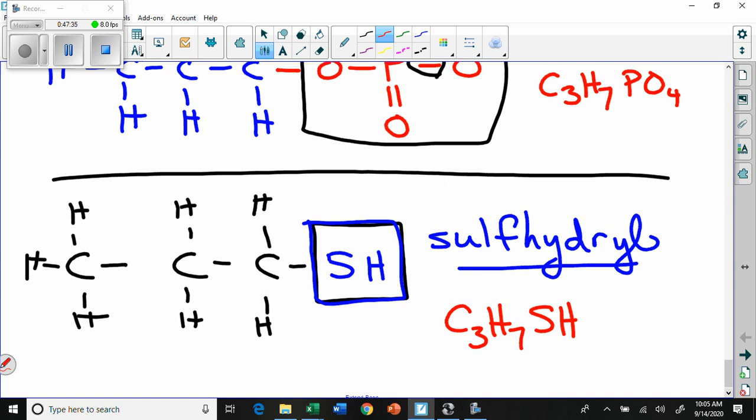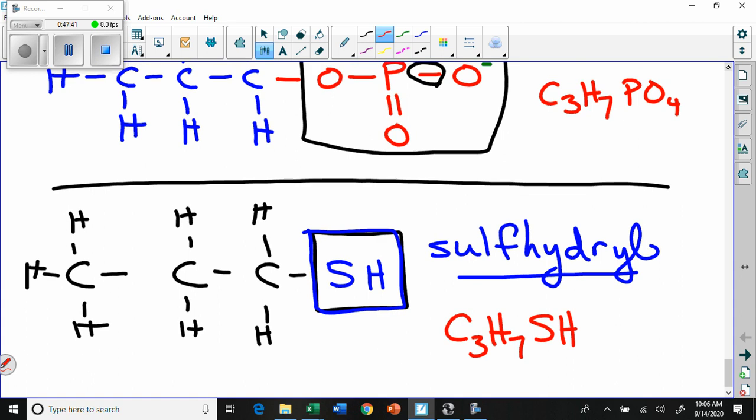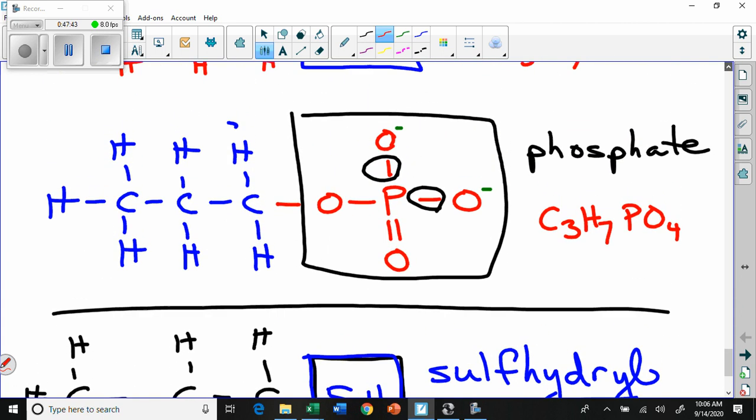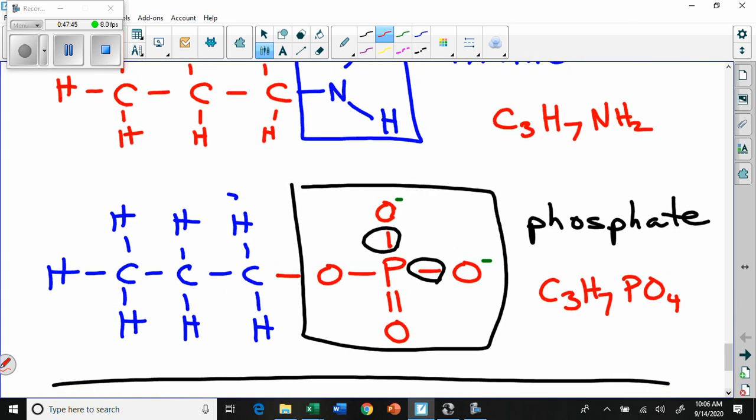Yes, sir? Did you put PO4 or PO4 with the charge? Good question. He's asking whether or not you should put 2 minus here because of these guys. Well, it all depends. If this molecule is in water, it's going to occur like this.